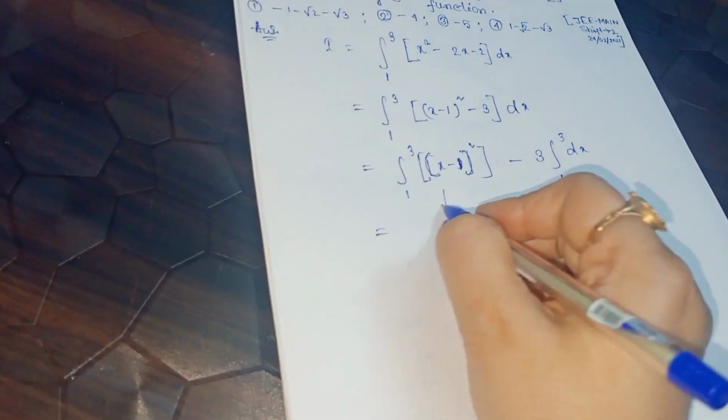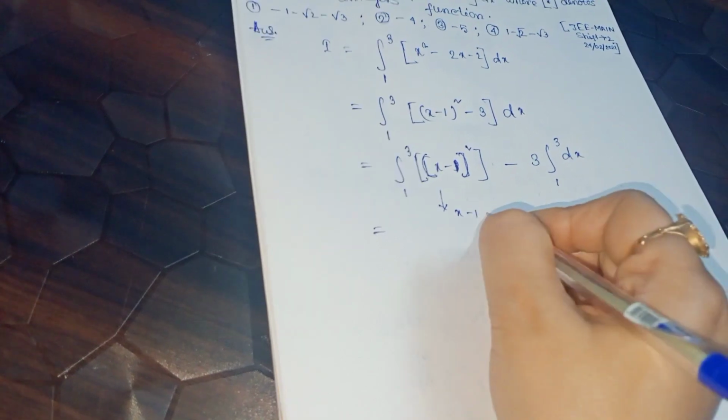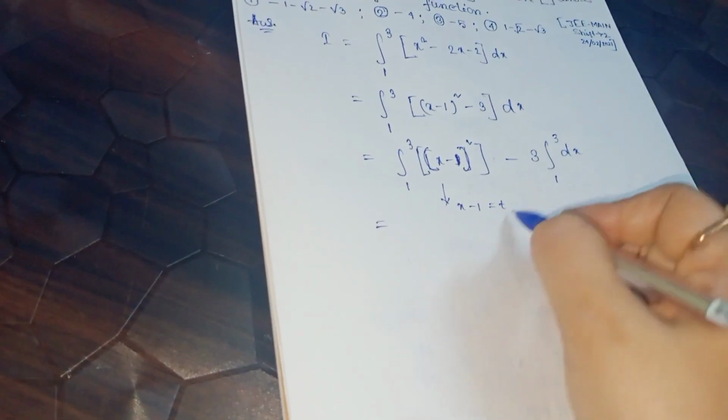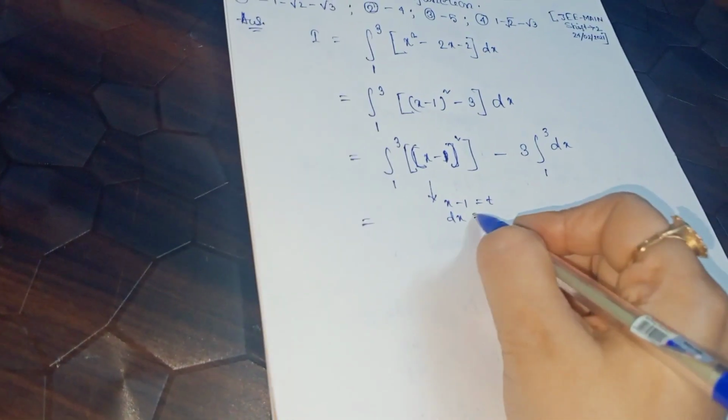So here we get, let x minus 1 is equal to t, that is dx is equal to dt.